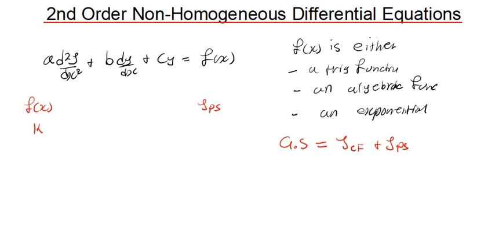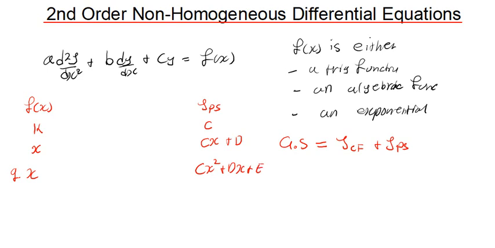Our particular solution is also going to be a constant c. If it's x, our particular solution is going to be in the form cx plus d. What if it's a quadratic form of x? Then it's going to be cx squared plus dx plus e.